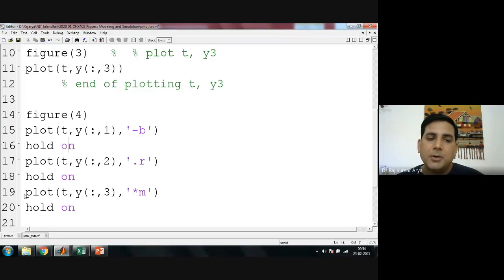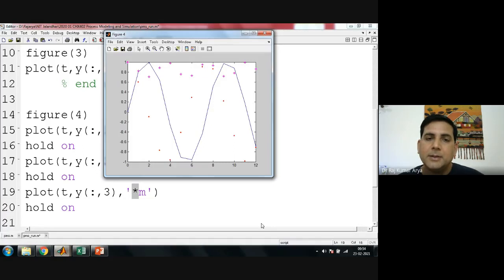So I gave the plot command again, t comma y3. Now I want to plot it in magenta color with a star symbol. So that's what I will get here. You have the star symbols here, and this is your y3.